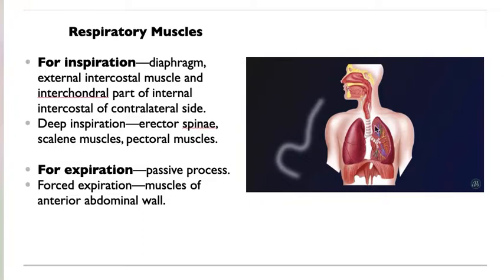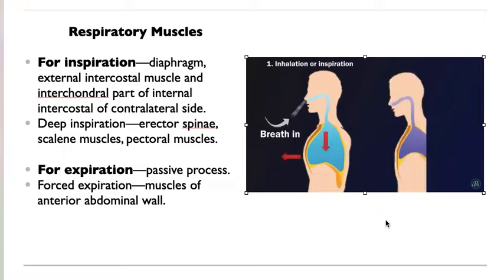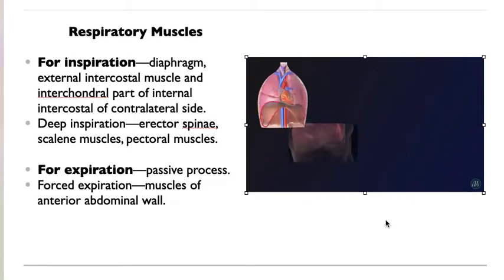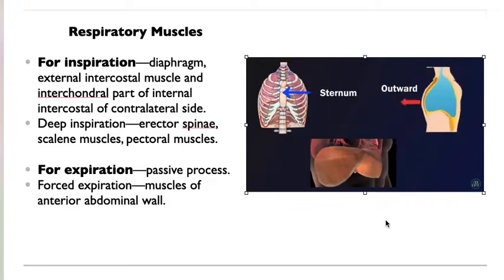Now, the role of the respiratory muscles. Now, we have inspiration that is caused by the diaphragm, the external intercostal muscle, and the interchondral part of the internal intercostal of the contralateral side. Deep inspiration is caused by erector spinae muscles, the scalene muscles, and the pectoral muscles.